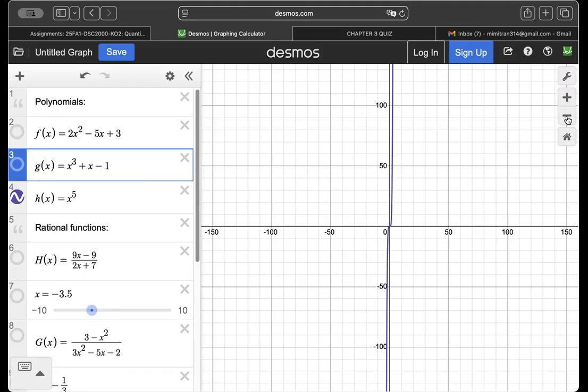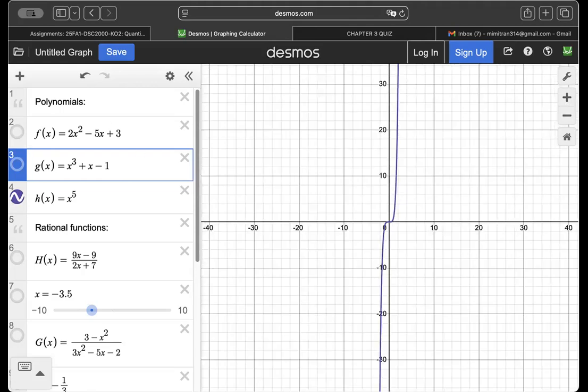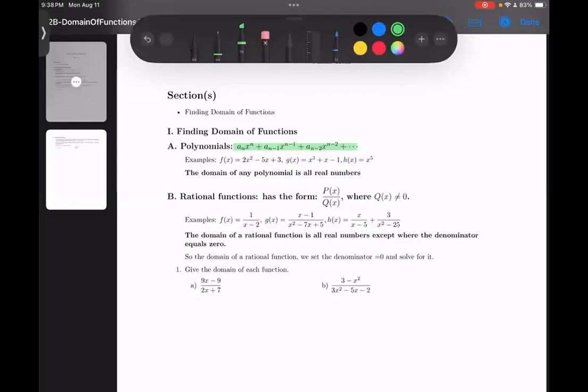There's no sharp point or stoppage or loop or hole here. So the domain of any polynomial is all real numbers, and in interval notation, it's negative infinity to positive infinity.